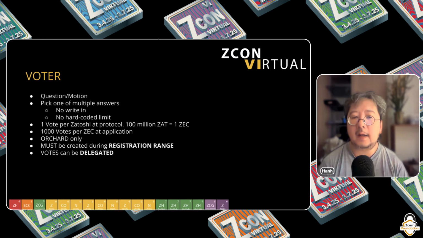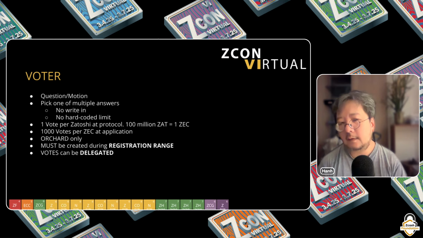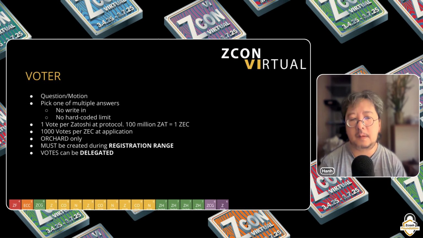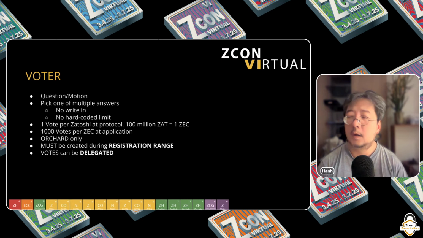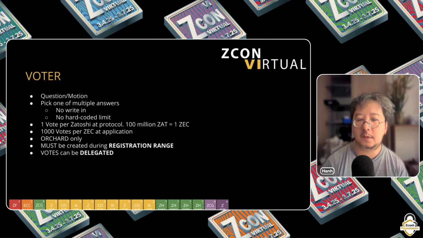Every elector, when he inputs his seed phrase to prepare his wallet for voting, would get an address which is a unique address for this particular wallet. So this is like a unified address if you want, but for voting only. And this address allows you to send to somebody else.